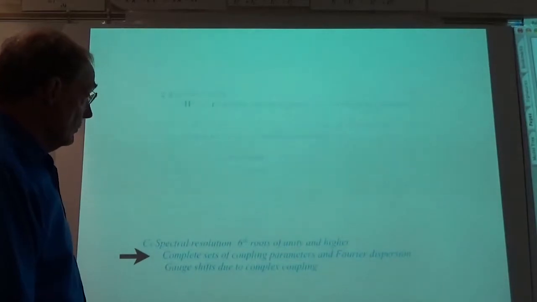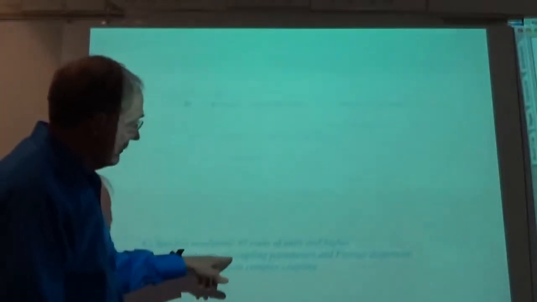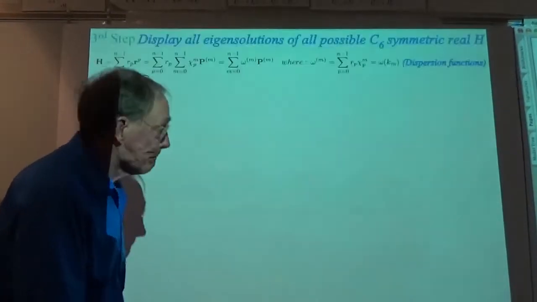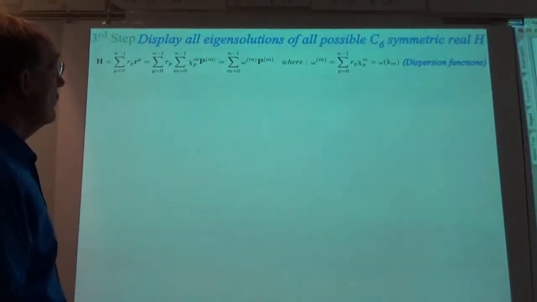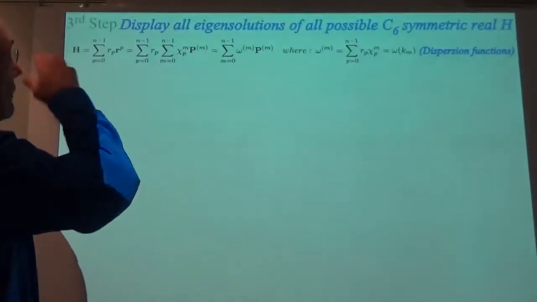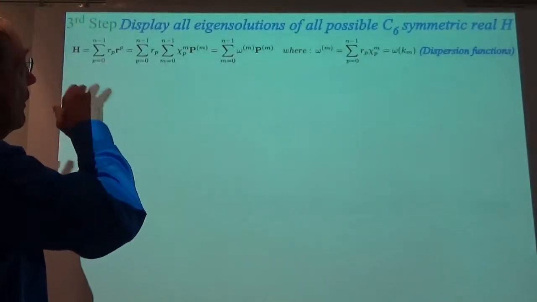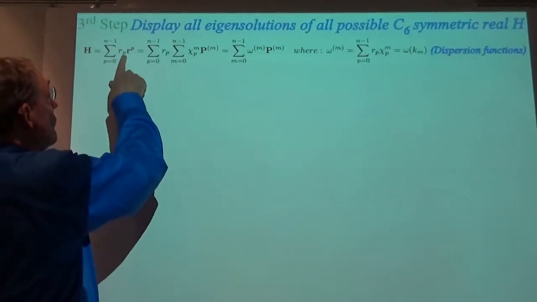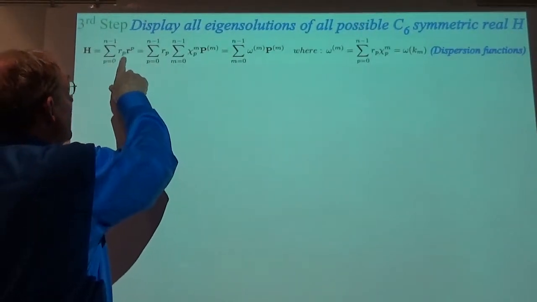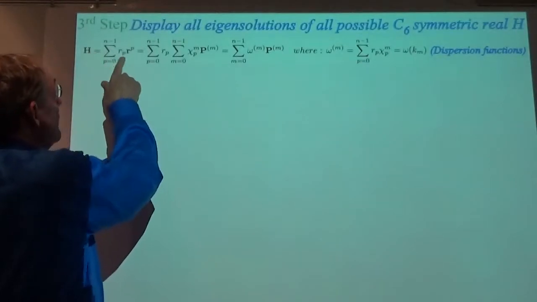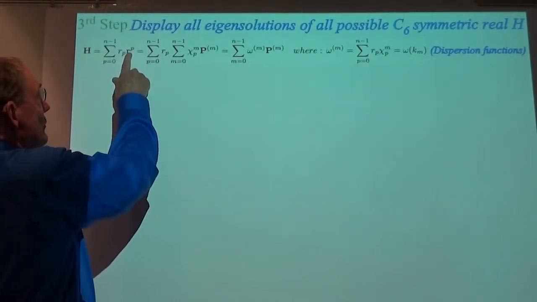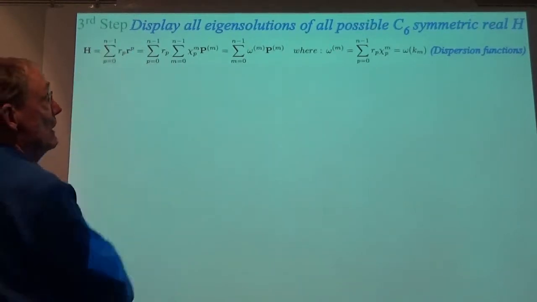Now what I'd like to do is talk about the complete sets of coupling parameters and dispersion. So this is just a nice, precise and concise expression of what we've just done here. We've said, okay, the Hamiltonian is a linear combination of these group operators to some power. And this is going to be summed from 0 to n minus 1.